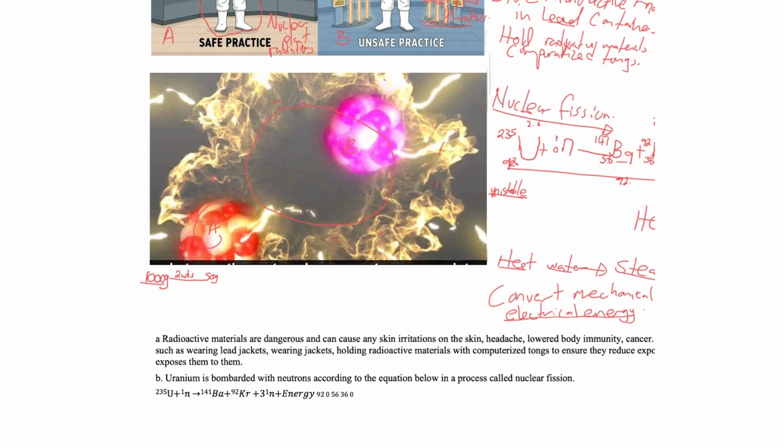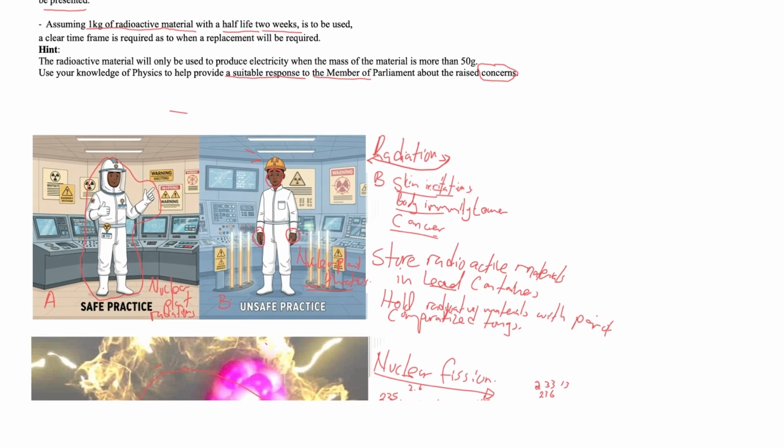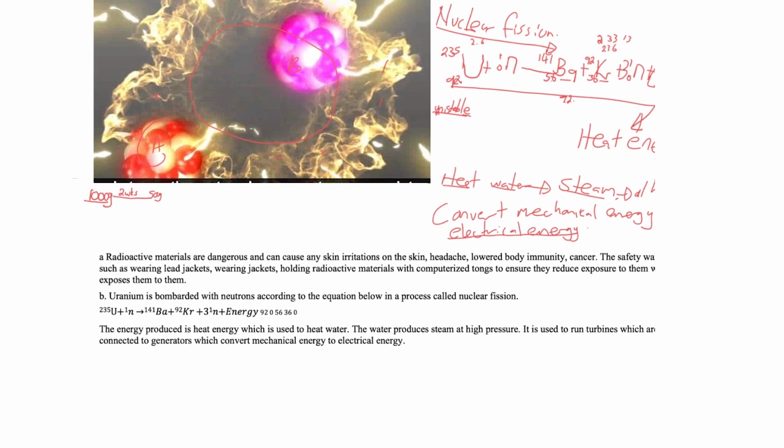But remember, the hint says the radioactive material will only be used to produce electricity when the mass of the material is more than 50 grams. So we must make sure that we decay the 1,000 grams to a mass that is more than 50 grams. Okay, let us proceed.